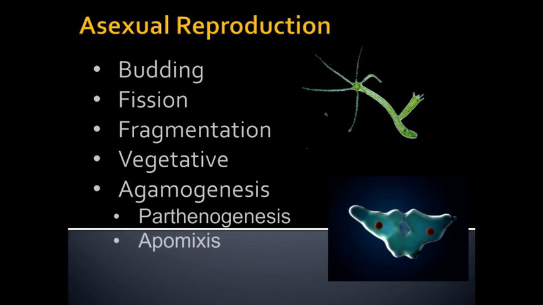Okay, so budding, as pictured here in this hydra with the little offspring coming off the end, is basically a rapid mitotic growth and then cellular differentiation from that growth, and then the new organism separates from the parent. So imagine you have a little growth on your side. It starts growing, eventually you get head, eyes, arms, and then it falls off and a little you runs away.